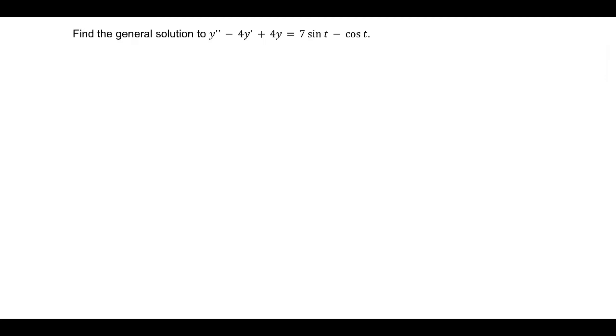First, we want to consider the complementary equation, which would be the second derivative of y minus 4 times the first derivative of y plus 4y equals 0.